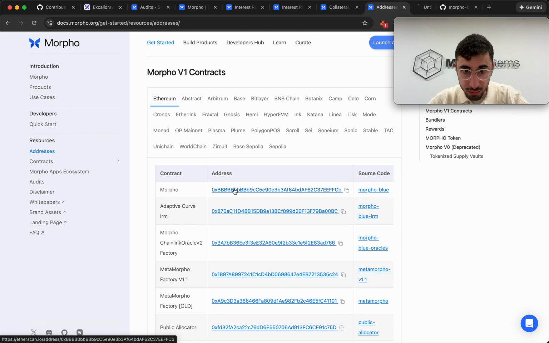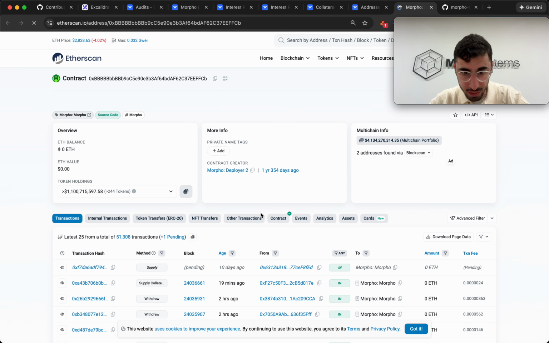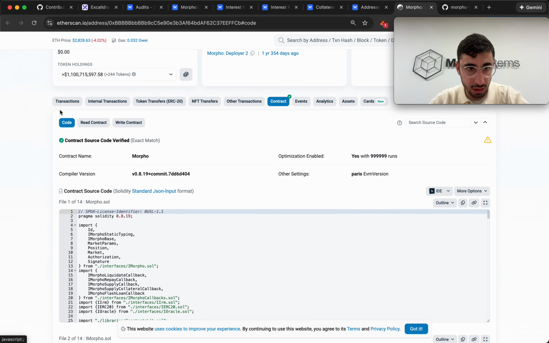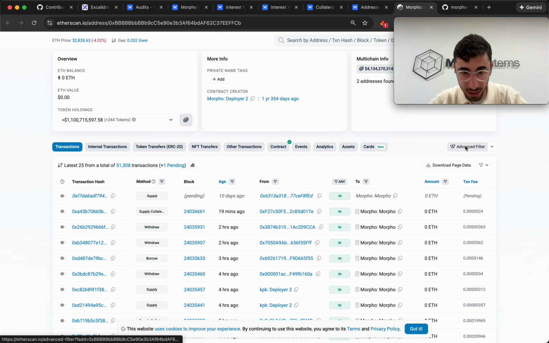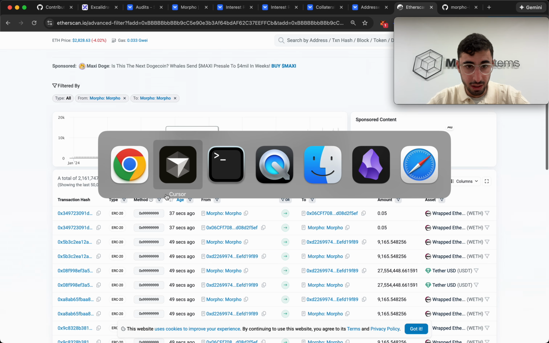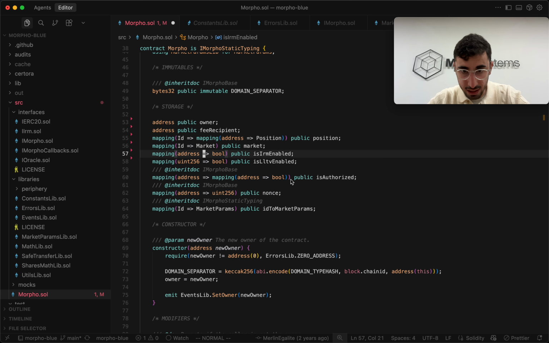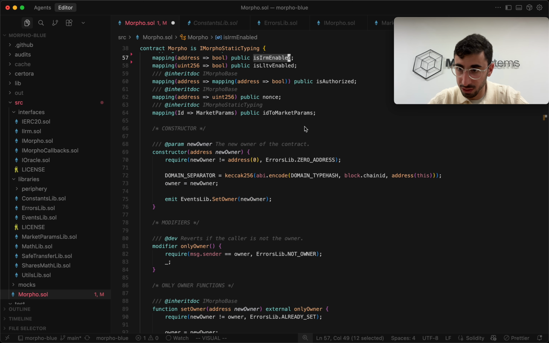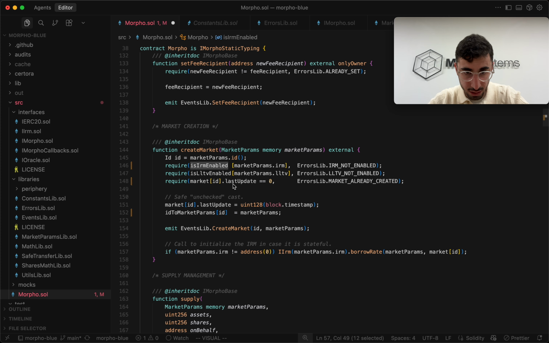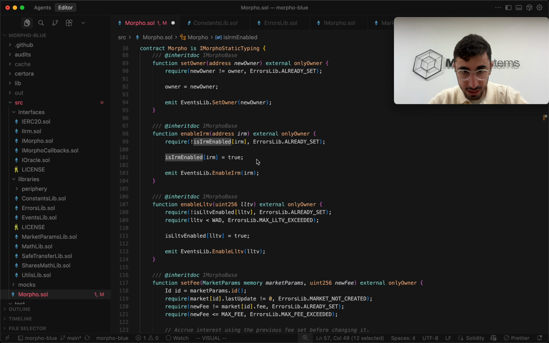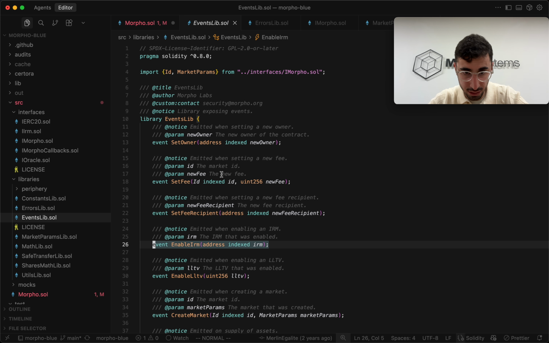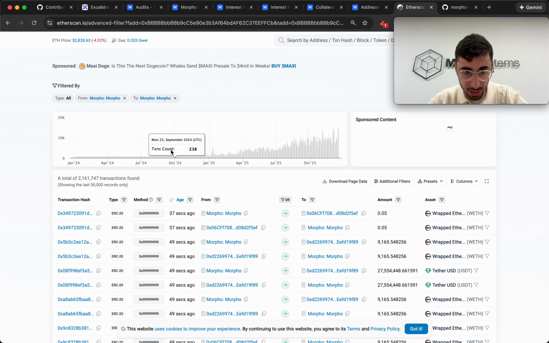So look at Morpho again, and we look at the contract. If we look at transactions, if we look at advanced filters, if we look at interest rate model enabled, where is it set? It's set here, and it throws enable IRM.